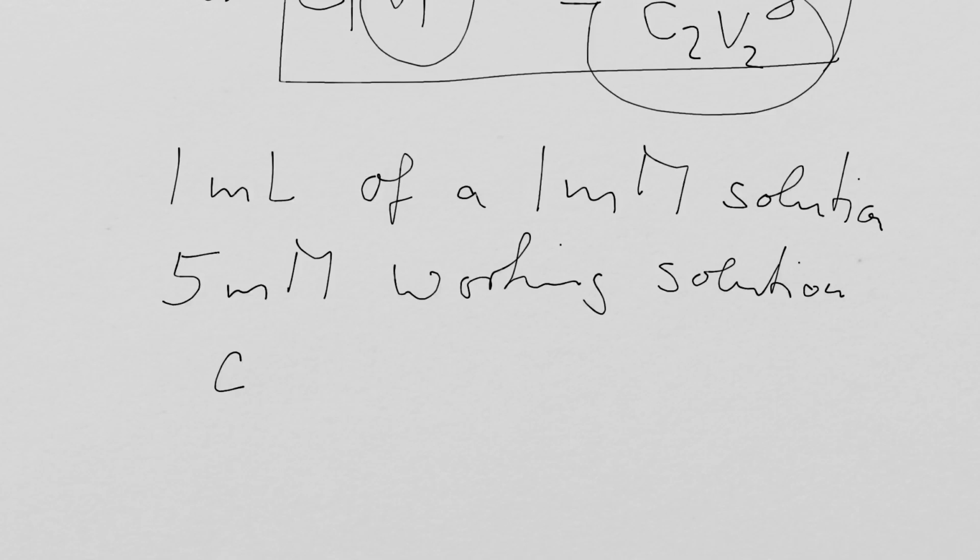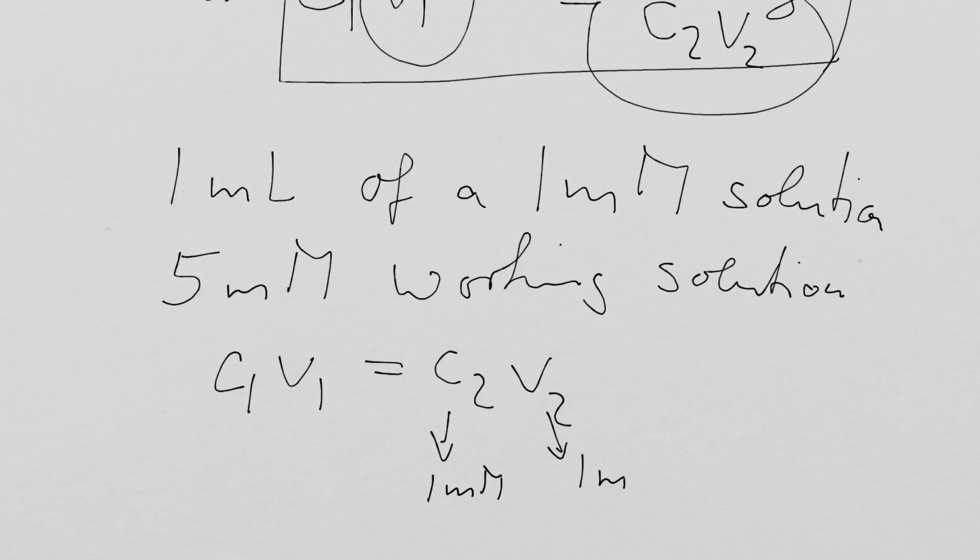We do C1 V1 equals C2 V2. Here our concentration of the working solution is 1 millimolar. The volume is 1 milliliter. And that comes from the stock solution, which is 5 millimolar and question mark, X.